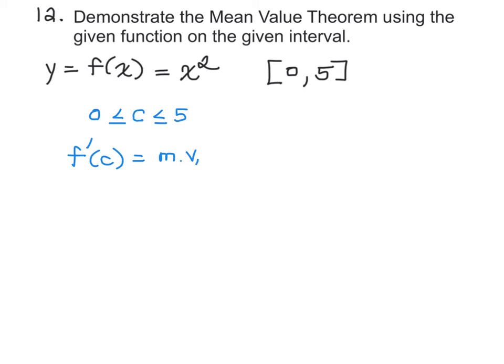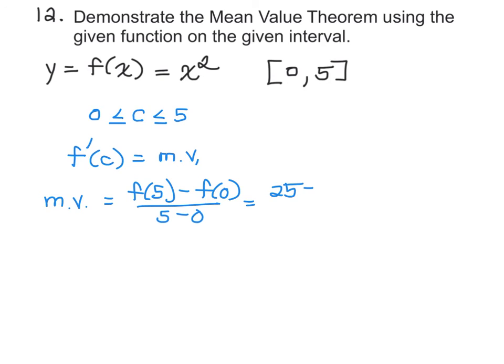So we have to first find the mean value, and the mean value is equal to f of 5 minus f of 0 over 5 minus 0. That's 25, 5 squared, minus 0 squared, over 5, which is 25 divided by 5, which is 5. So our mean value is 5.